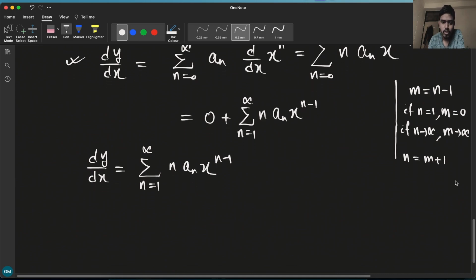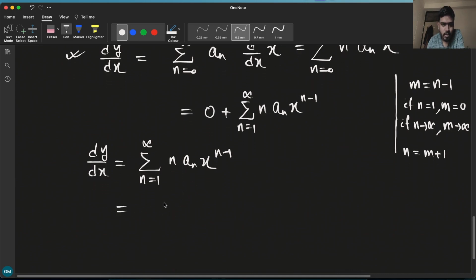So I can just replace this n with m. Because it was starting with n equals 1, now it will start with m equals 0. So m equals 0 to infinity, and in place of n I will write m plus 1: (m plus 1) a_(m+1) x to the power m.